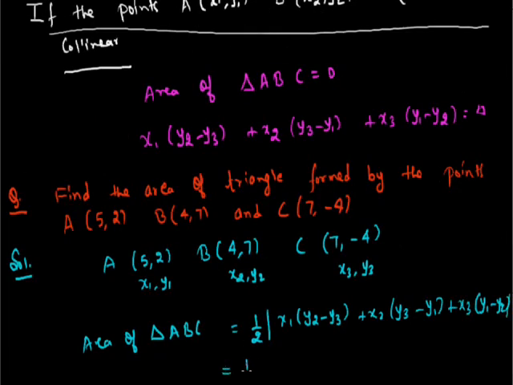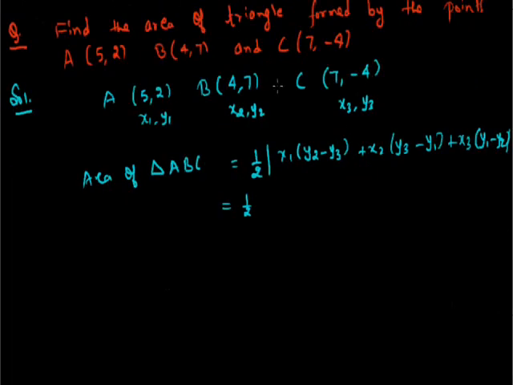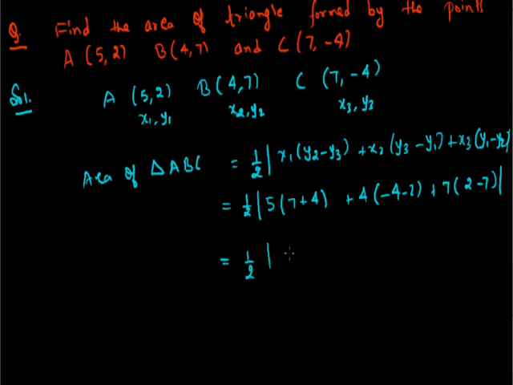Now this is equal to half modulus 5 times (7 plus 4) plus 4 times (minus 4 minus 2) plus 7 times (2 minus 7). So this will be equal to half of 55 minus 24 minus 35.